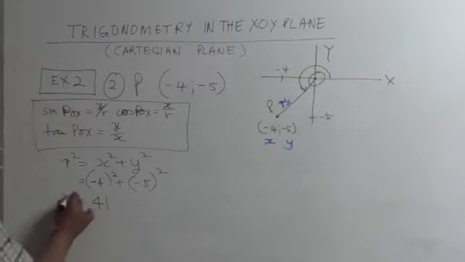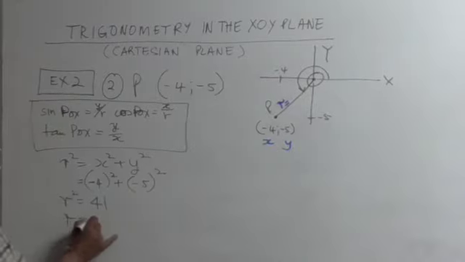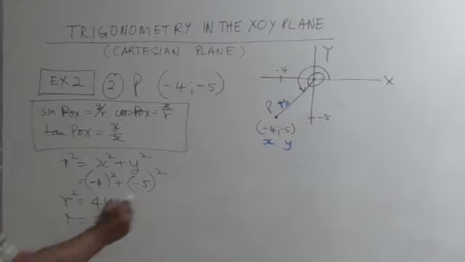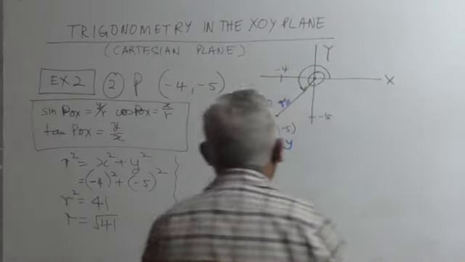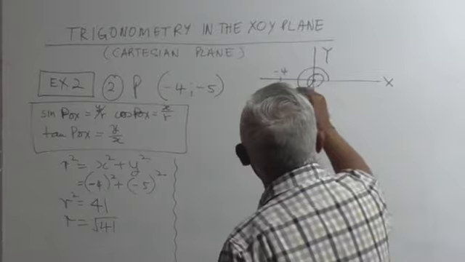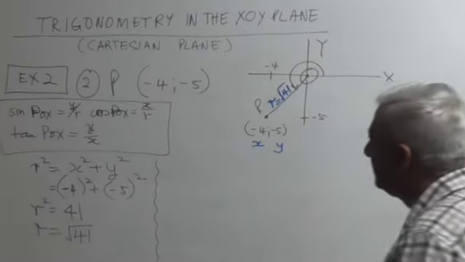So r squared is 41, so r is equal to the square root of 41. We can go and fill it in our diagram: r is the square root of 41.